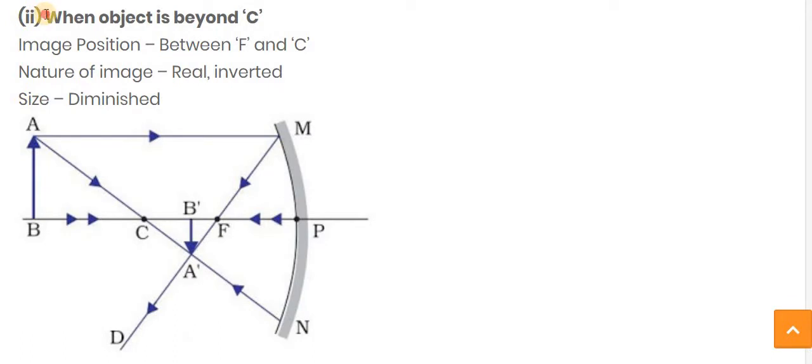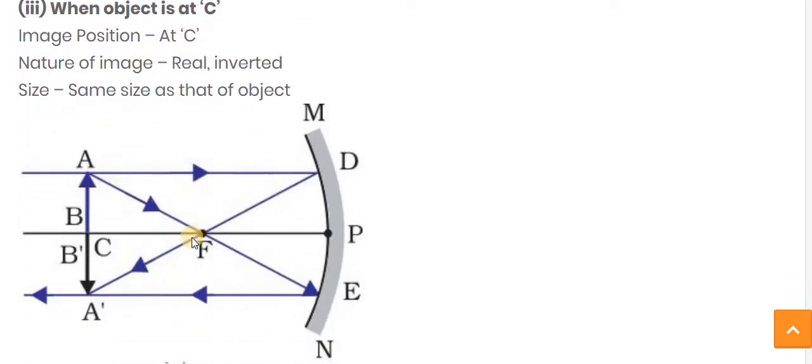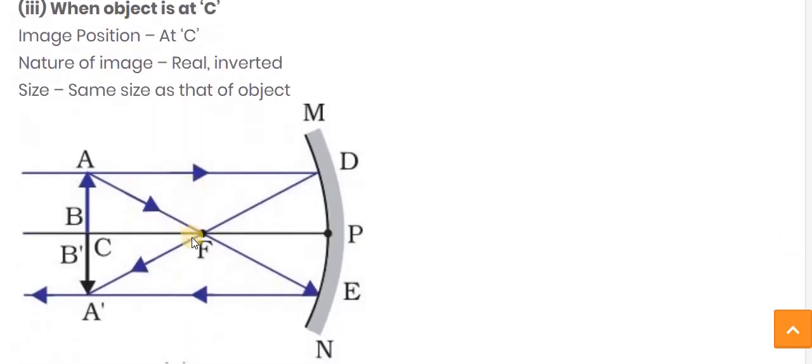The second one: when we keep our object beyond C, then we get the image between C and F, and the nature of the image is inverted and real, and the size is diminished. The third condition: when we keep our object on C, then we get the image on C, the same size, real and inverted.